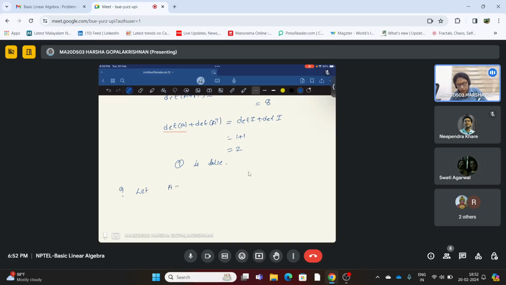Let A equal 2 2 0 2. Find the determinant of A power 10. Again, it is a very easy question. What is the determinant of A power 10?